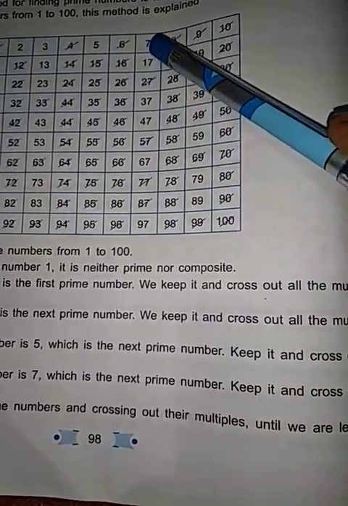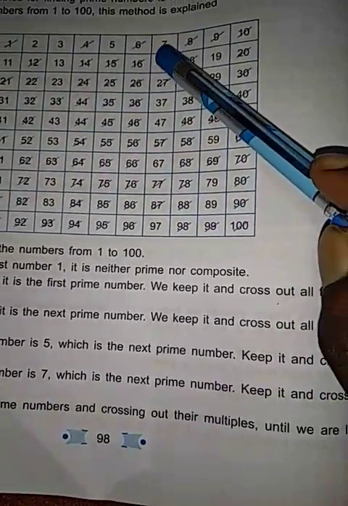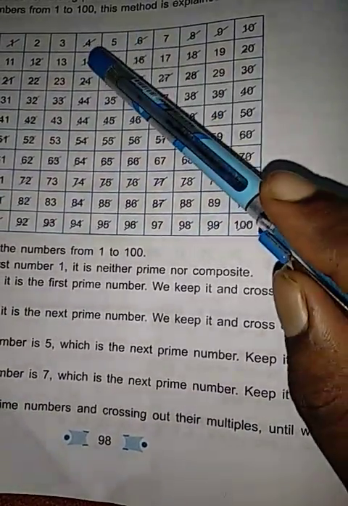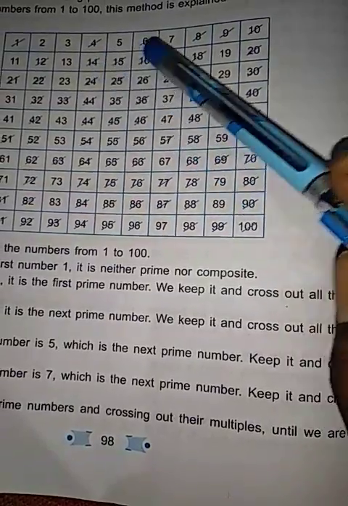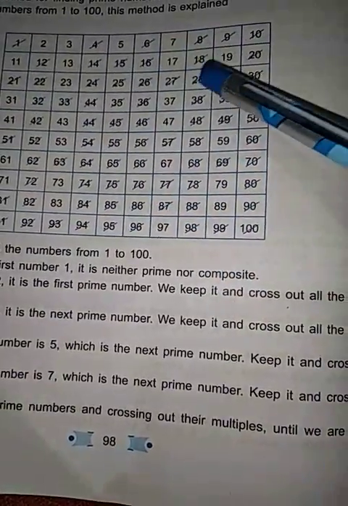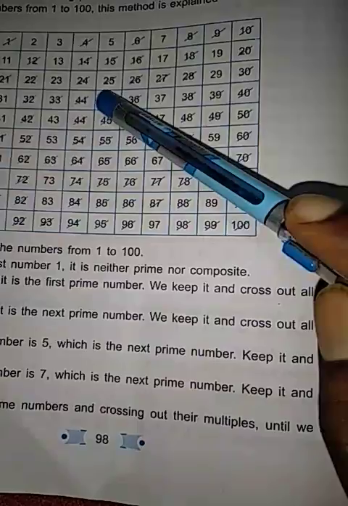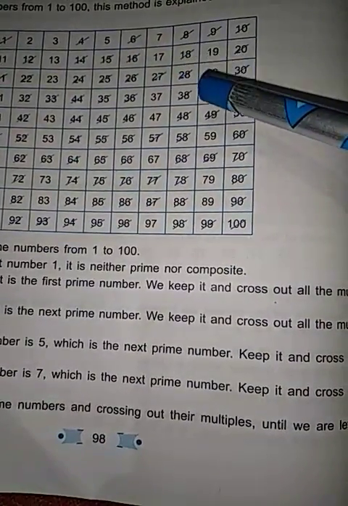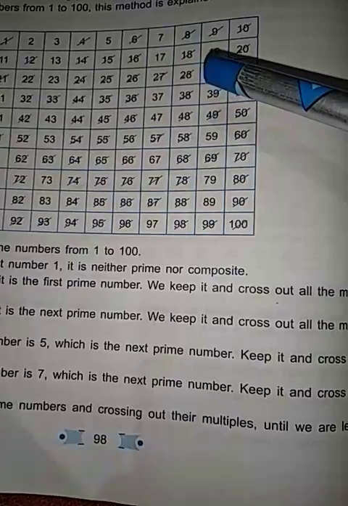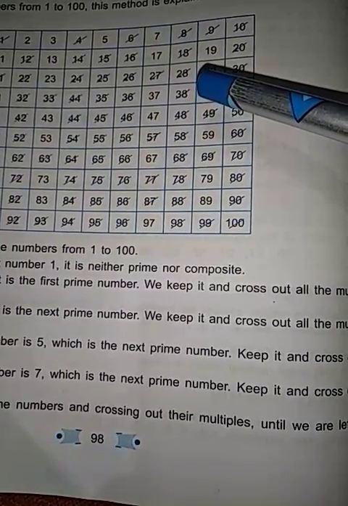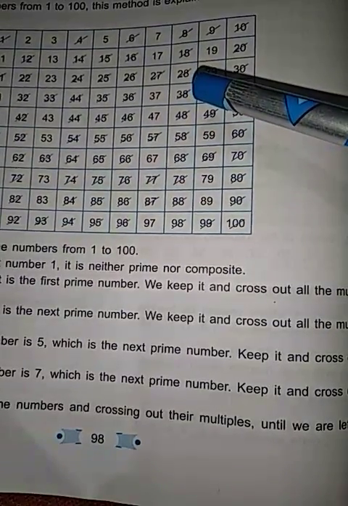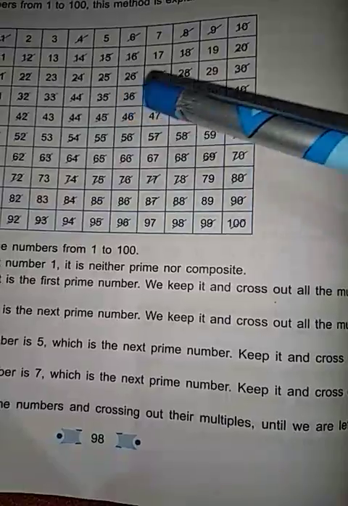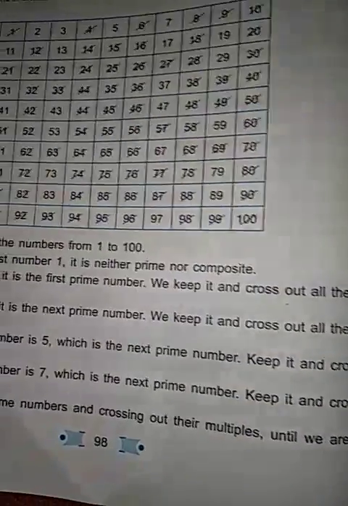Keep it and cross out all the multiples of 7: 14, 21, 28, 35, 42, 49, 56, 63, 70, and so on.